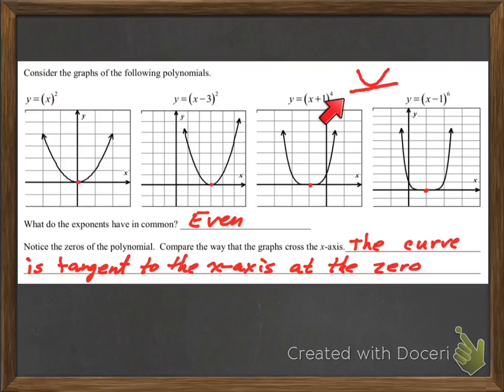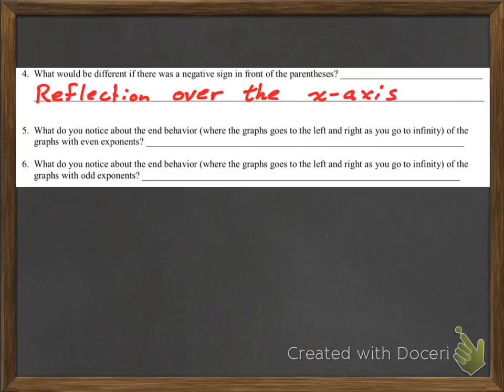Might be a 2, might be a 4, might be a 6, might be a 28. We don't know. But if you have an even exponent, that means your graph is going to be moving up to the left and up to the right.